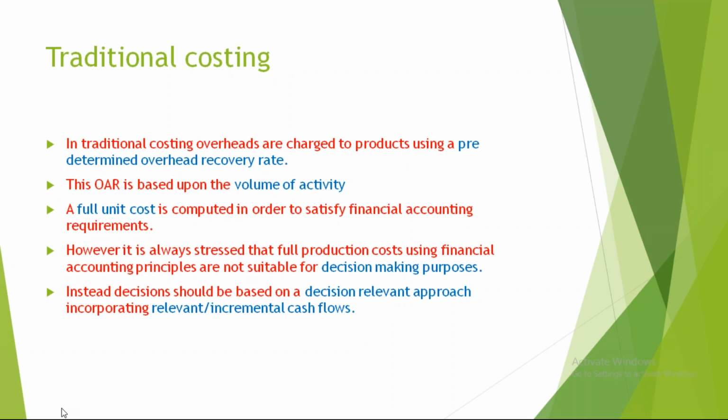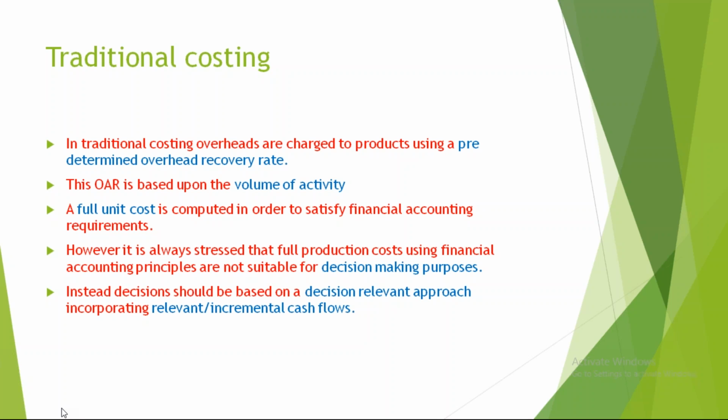But sometimes, did you do P1? When you did P1, you would have come across something called relevant costing. Remember relevant costing? That is where you look not at the overheads but at the incremental cost. Whatever happens, your overheads are there.